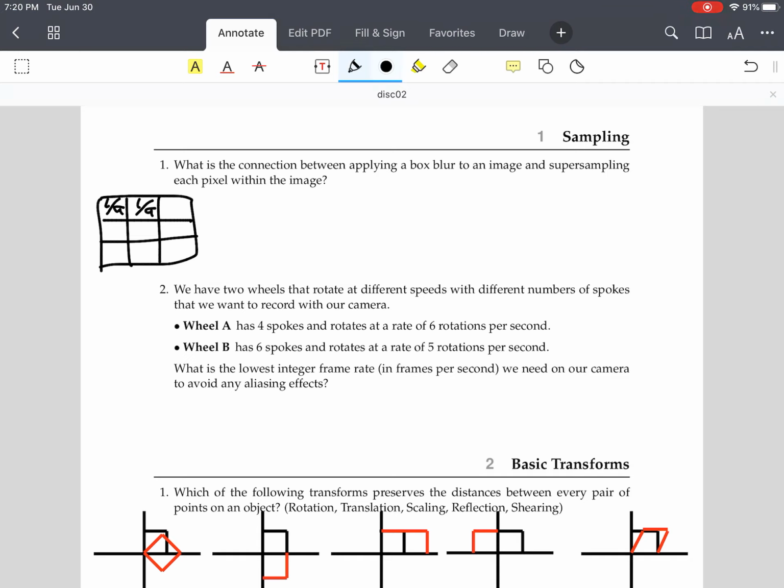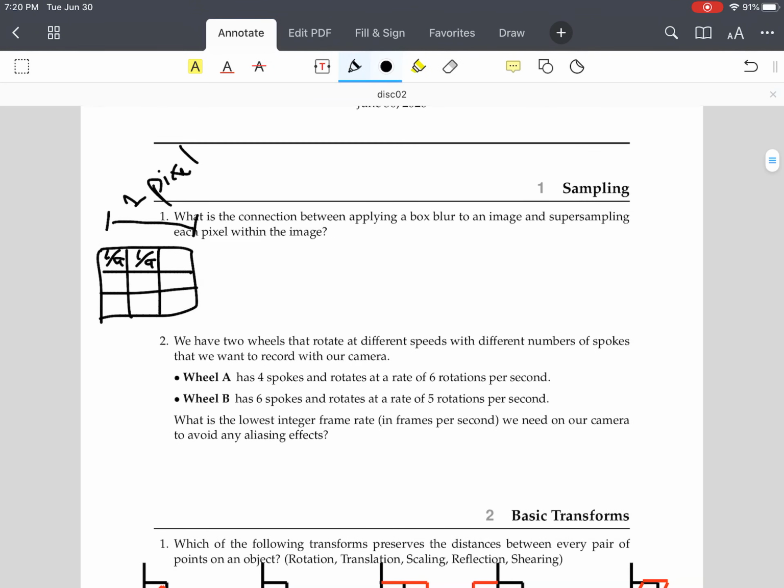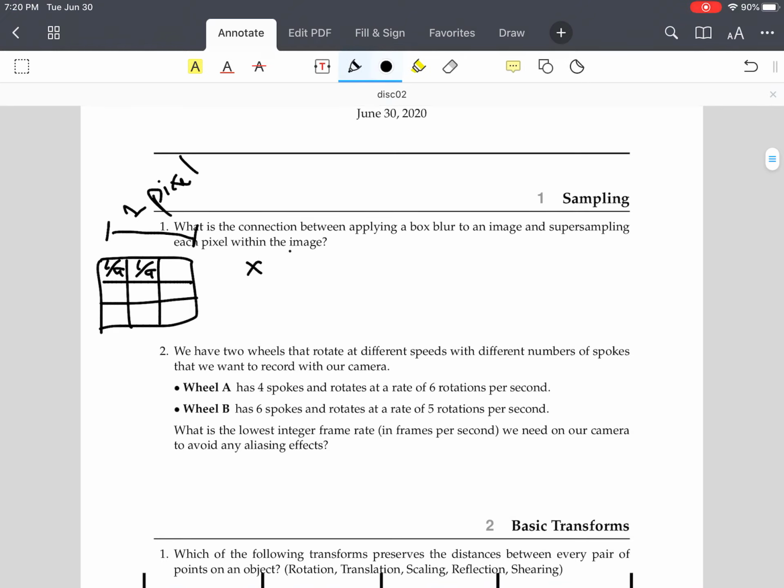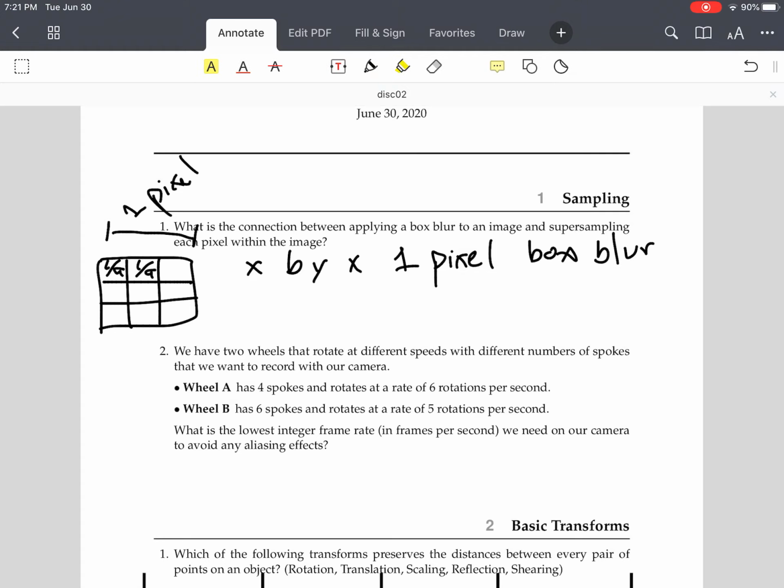and then setting that as the new value. So if we were to take one of these box blurs and make it the size of a pixel, so this whole thing is 1 pixel, and let's say we just had an x by x box blur, then within 1 pixel we have x grid spots in one dimension, x in the other, so x squared total.